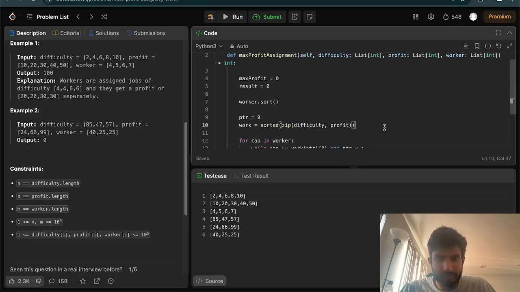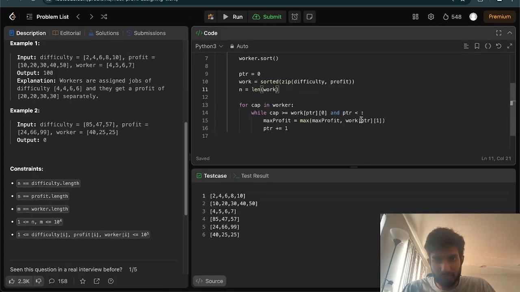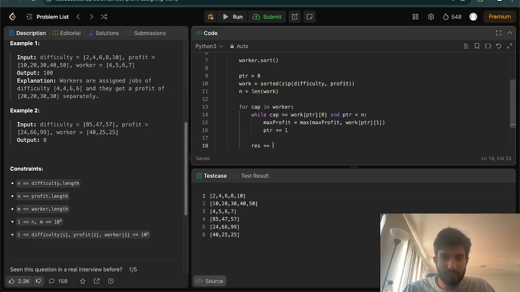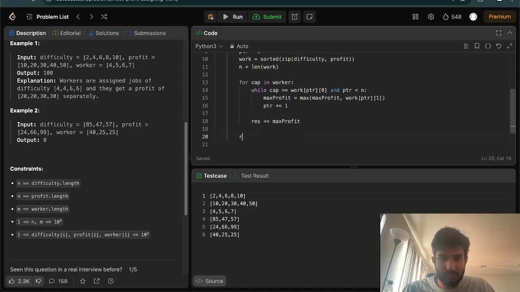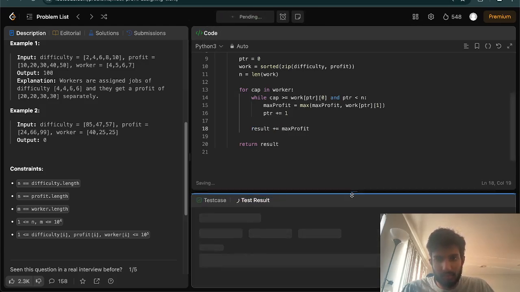And this should be result, I believe. Yep, I think this should work.